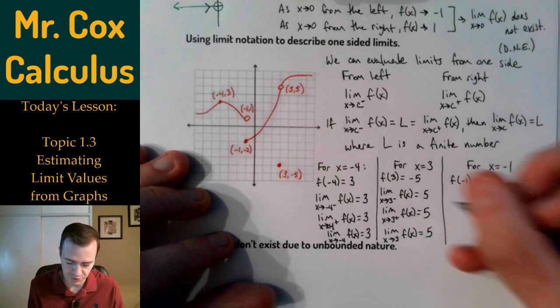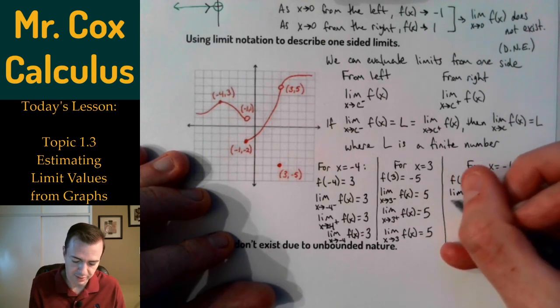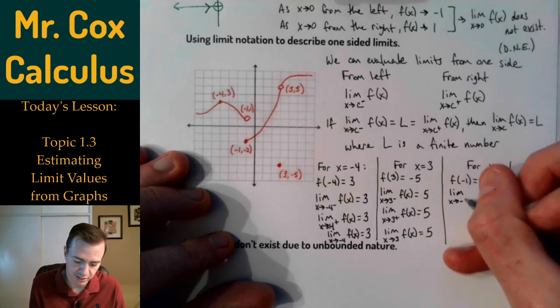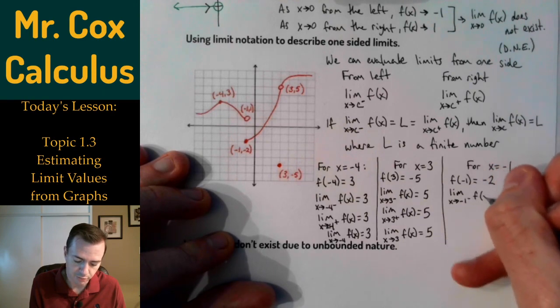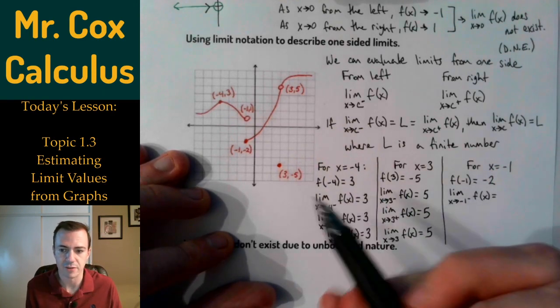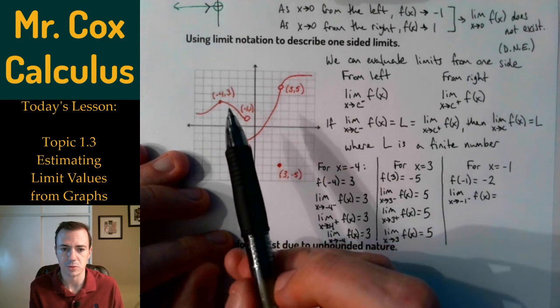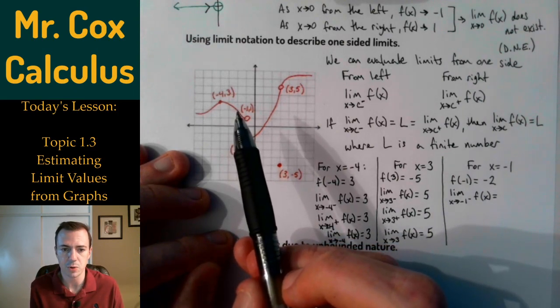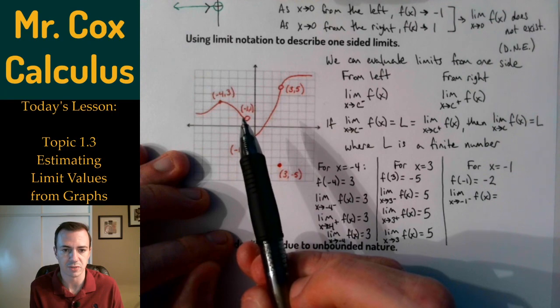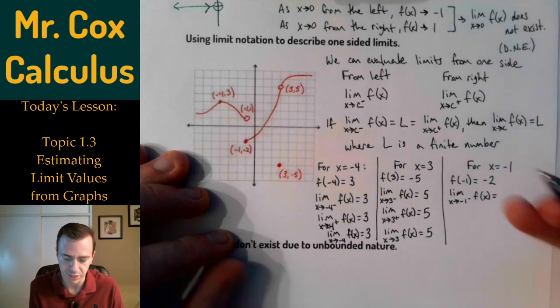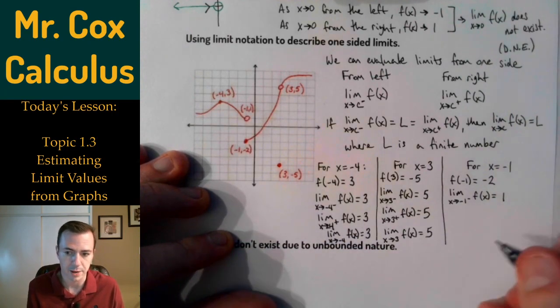Where things get interesting is when we start talking about the one-sided limits. The limit as x approaches -1 from below of f of x. So in other words, if I'm tracing over my function, as I approach -1 from this direction, from the left, you can see my values are approaching 1.